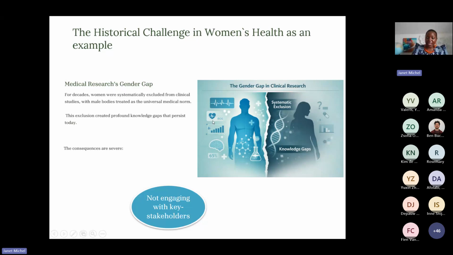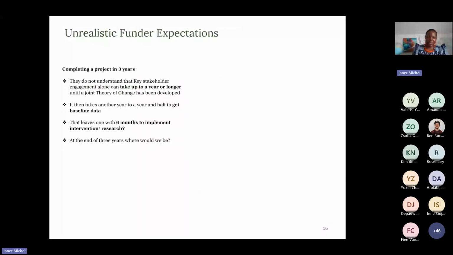And hence, the drugs that we take have been tested on men, and it's sometimes actually leading to harmful effects or being ineffective because women were not involved. So this really demonstrates the importance of involving the key stakeholders.